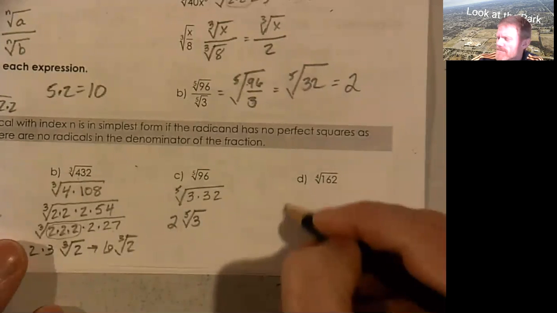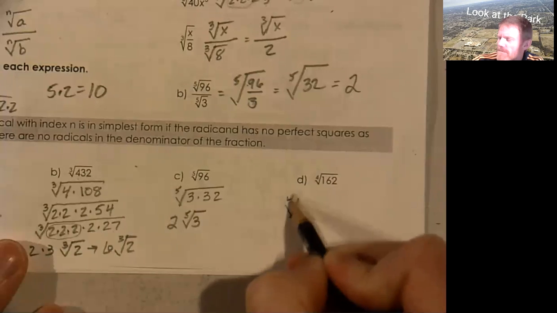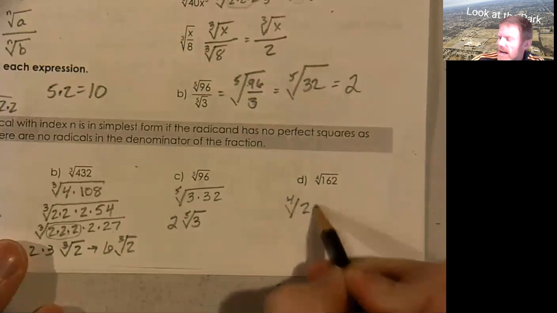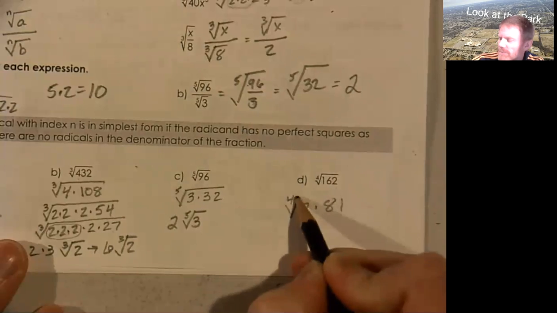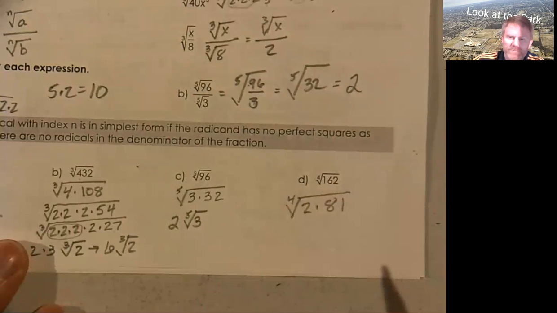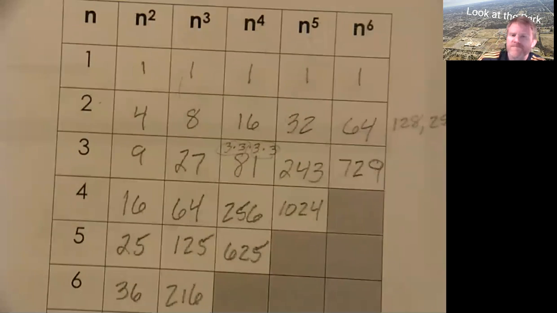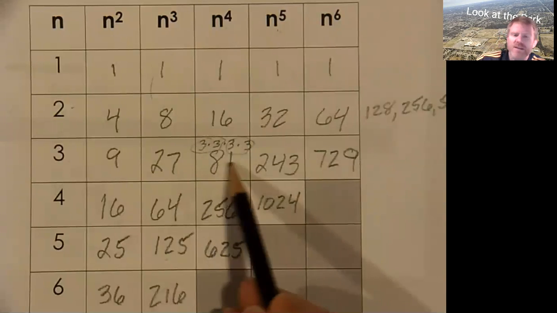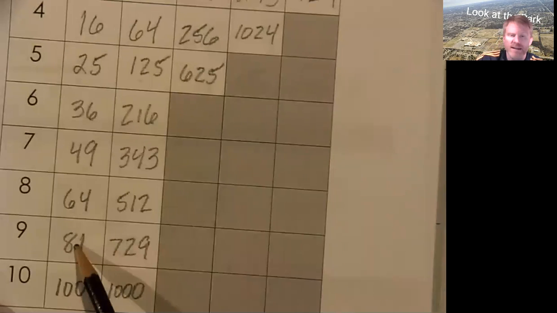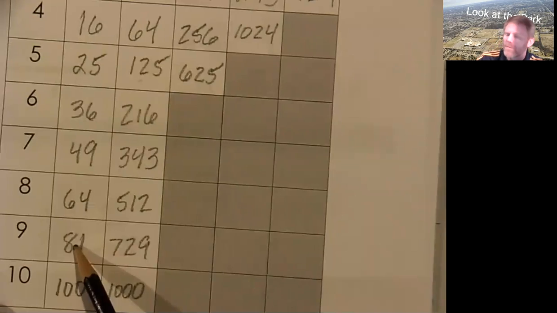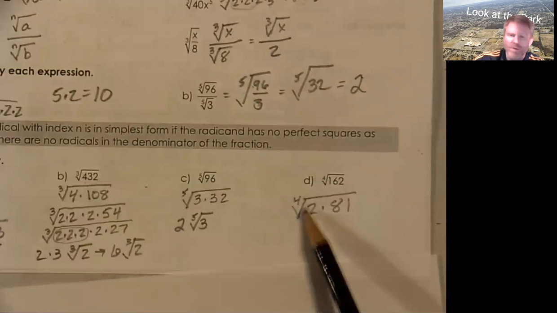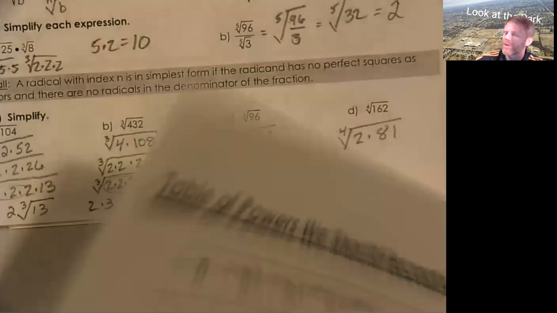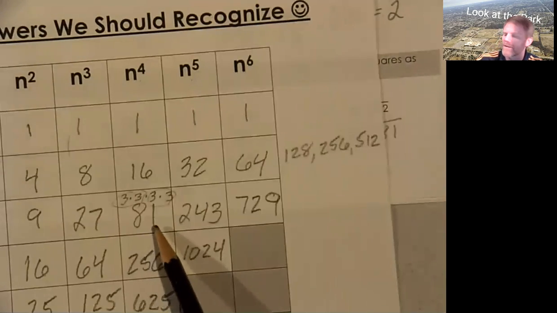162. That looks like 2 times 81. Now I remember 81 was on the power chart. The power chart has 81 down here as 9 squared, but this is the 4th root, so we probably want to look underneath the fourth root for that 81, and there it is.